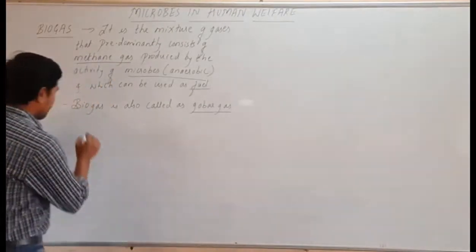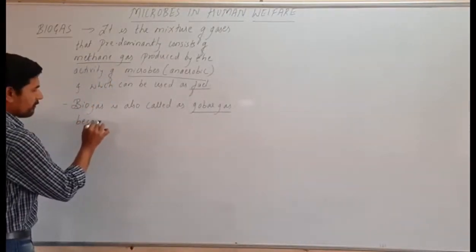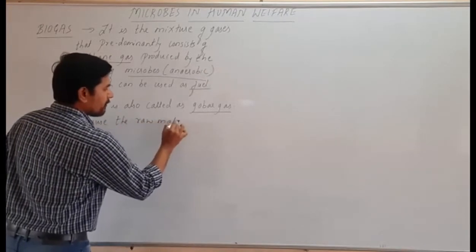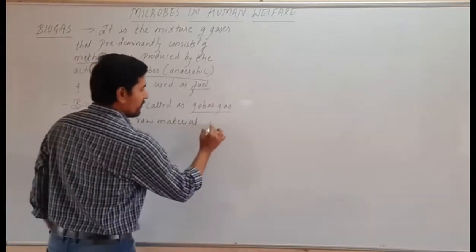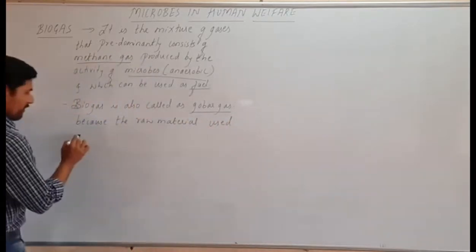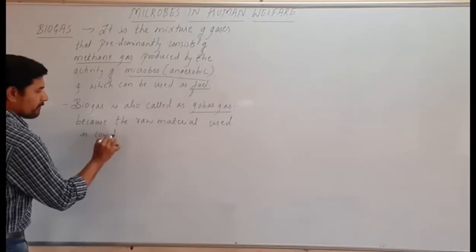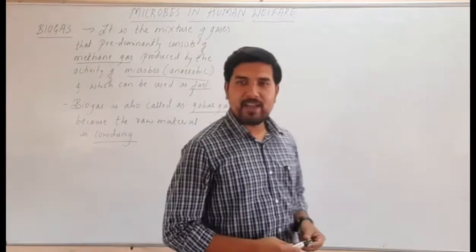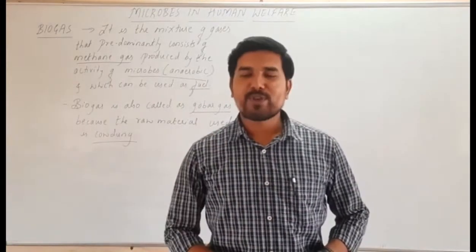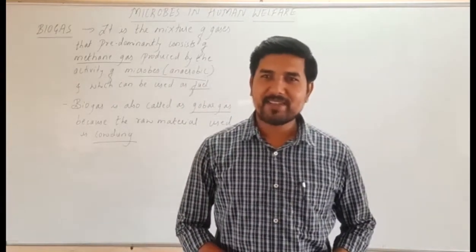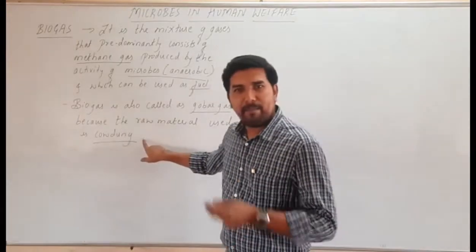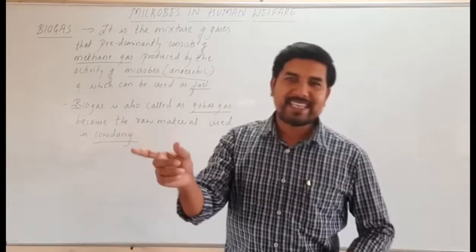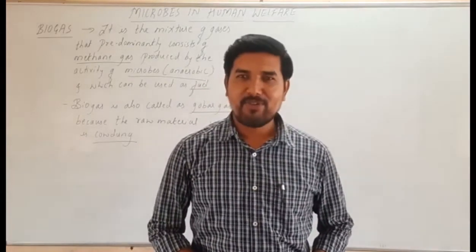Because the raw material used is cow dung. The raw material we use for the production of this biogas or methane gas is cow dung. Because of the use of raw material in the form of cow dung, biogas is also named as gobar gas.